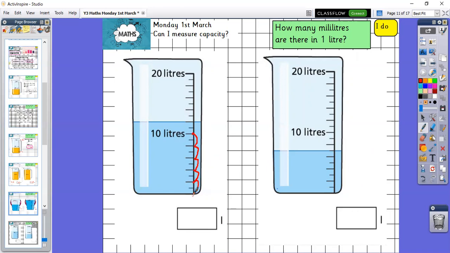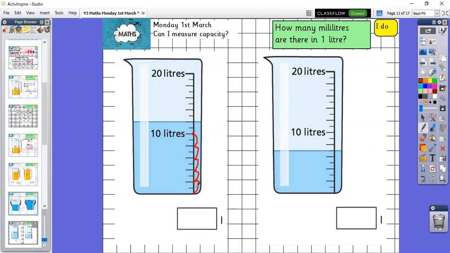These little intervals in between could almost be our ones. So if this is 2, 4, 6, then this is 1, 3, 5, 7, and 9. So this scale, although it looks tricky, actually it isn't. Once you've figured out that it's counting in twos and you look at those smaller intervals, these smaller intervals are actually only counting in ones.